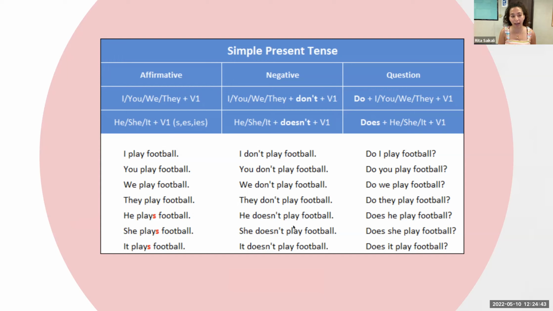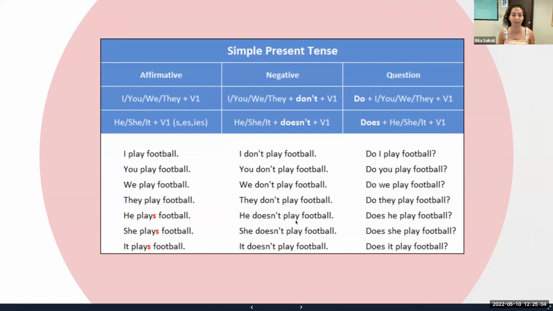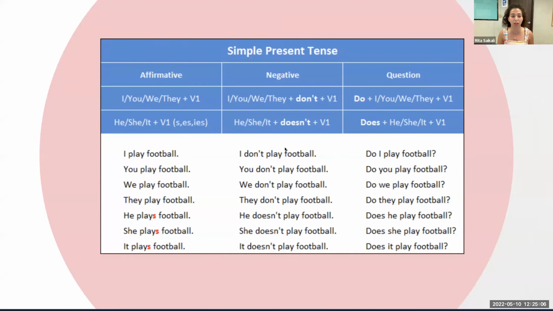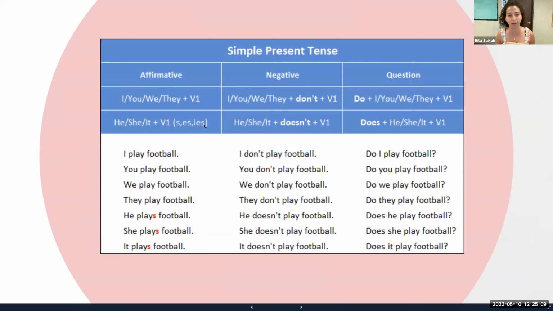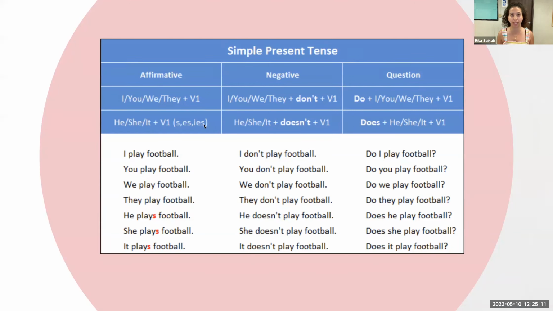If it is I, you, we, they, so anything except third person singular, then the verb does not take an S. If it is third person singular, so he, she, and it, then the verb takes S, usually S. If it's an irregular verb, it's ES or IES, okay? But generally speaking, these two don't exist, okay? In general, yeah? So the pronoun plus the verb.